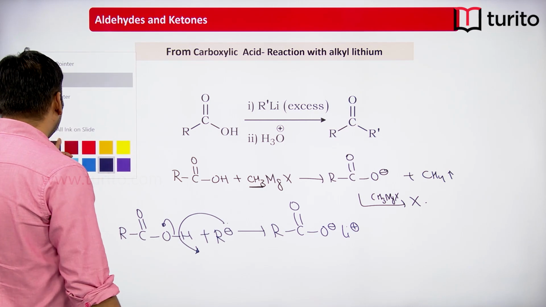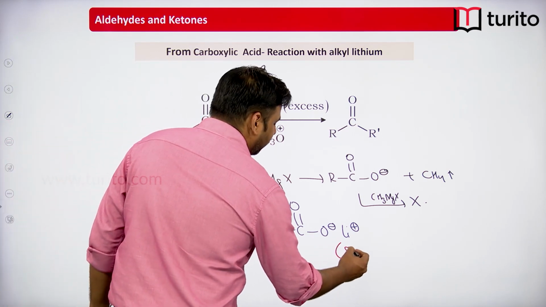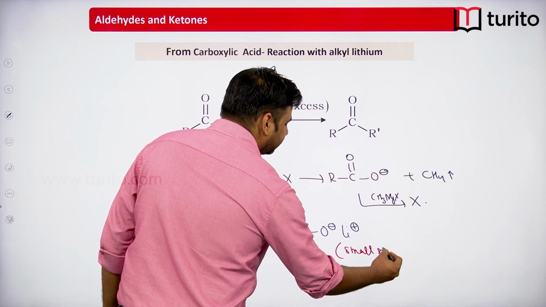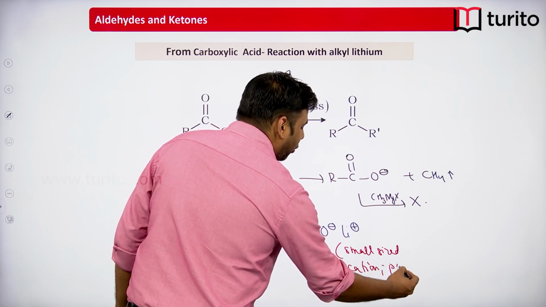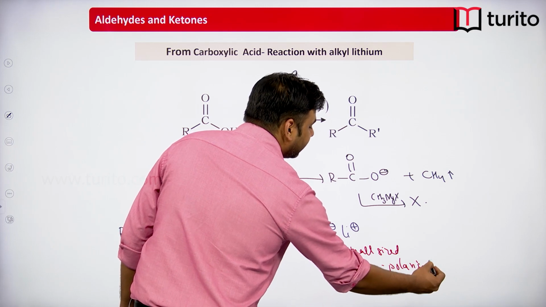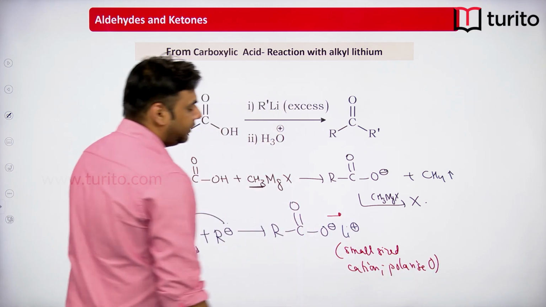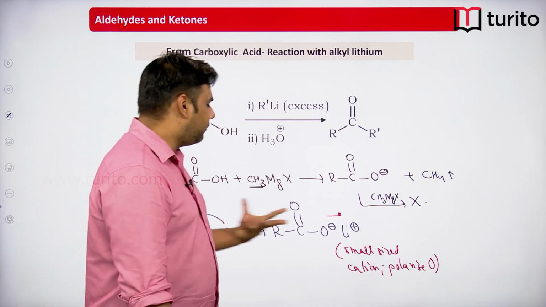Now we know that lithium plus is a small size cation. Because it is a small size cation, this will polarize oxygen. So this attracts the oxygen more towards itself.